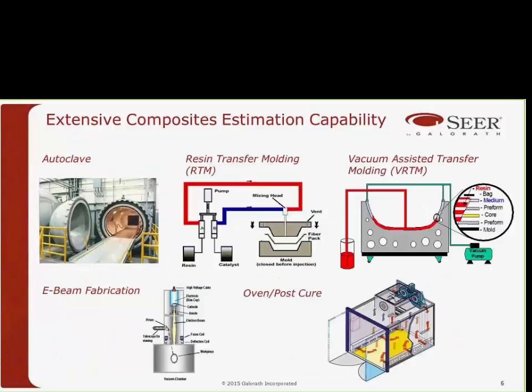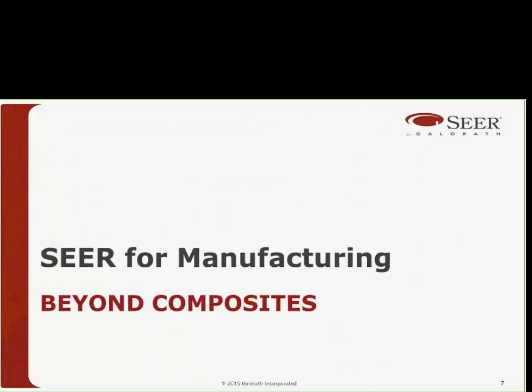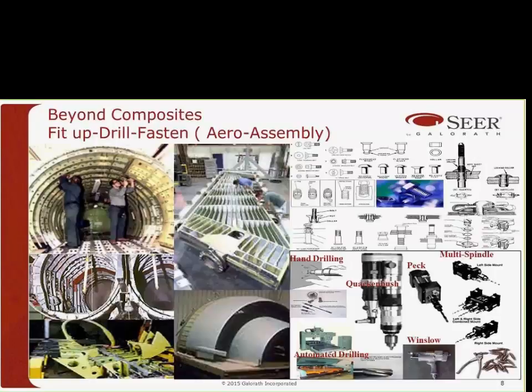And on the curing side, you can use autoclaves, resin transfer molding, vacuum-assisted transfer molding, e-beam fabrication, or ovens and post-cure models. But SEER is more than just the composites interface, which I'll go through now.